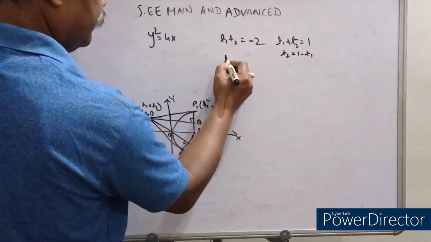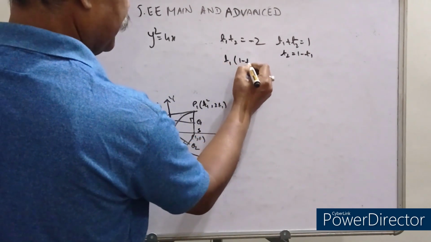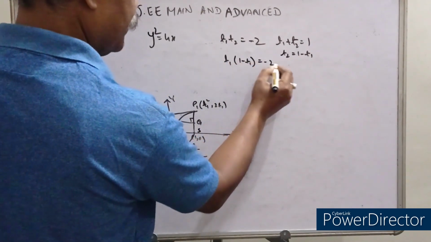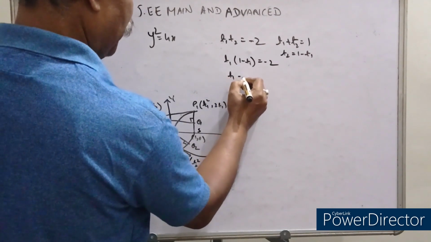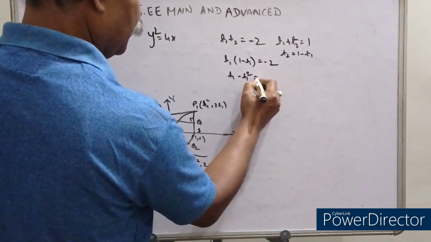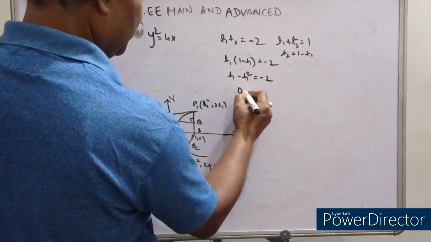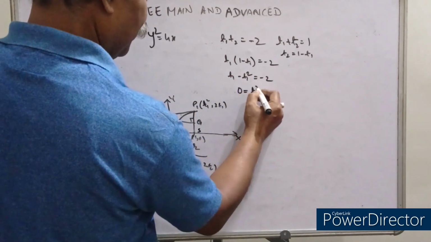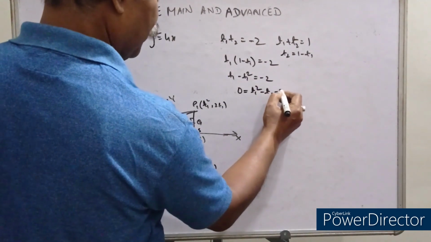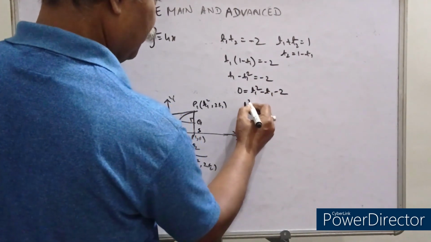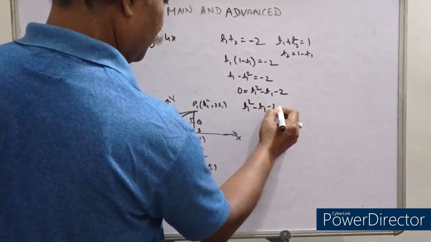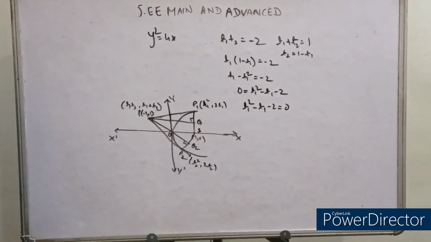Placing it here, t1(1 minus t1) is minus 2, so t1 minus t1 square is equal to minus 2. So this will be 0 is equal to t1 square minus t1 minus 2, that means t1 square minus t1 minus 2 is equal to 0. So this becomes a quadratic equation.